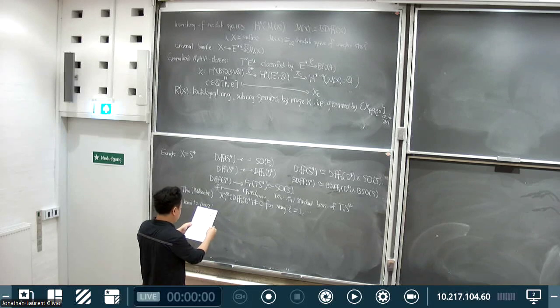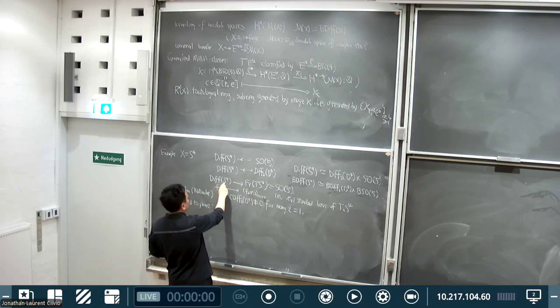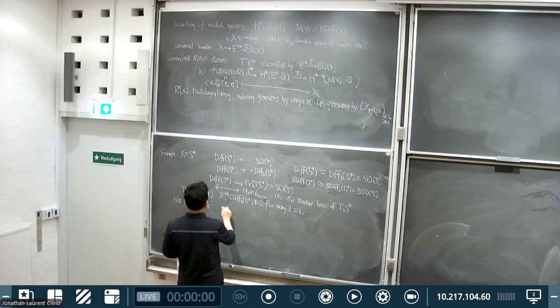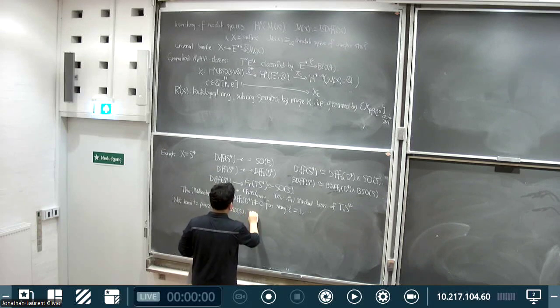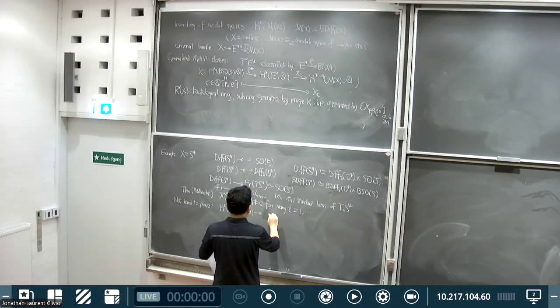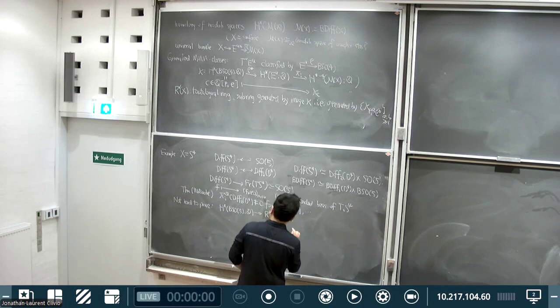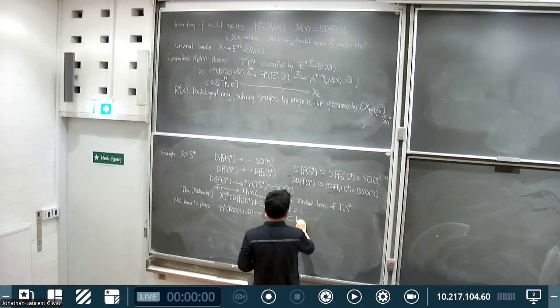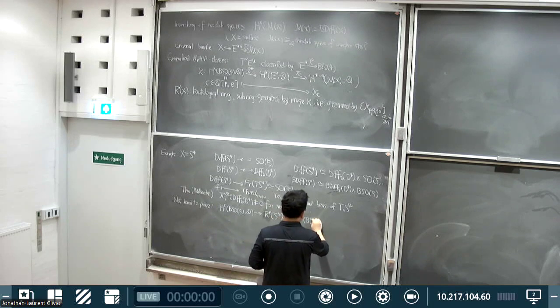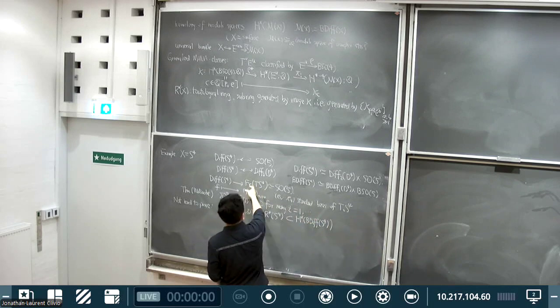Remember that we have this map from the diffeomorphism group of S4 to SO5, which induces a map from H star of BSO5 to H star of the moduli space. It turns out that the image of this induced map lands in the topological ring.